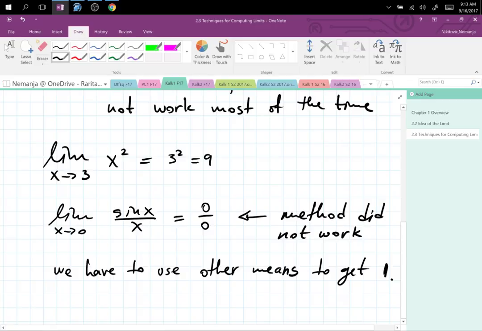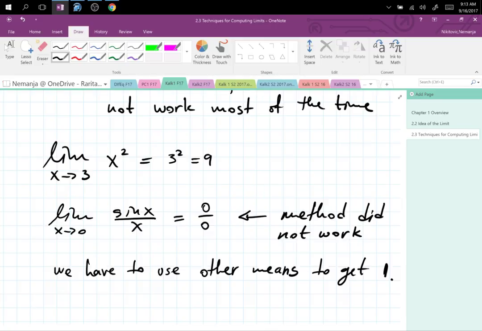These are examples that tell you that if you plug x in as a value and get the answer, such as 9, you are done. And consider yourself lucky, because few examples that we consider in calculus will do that, right?